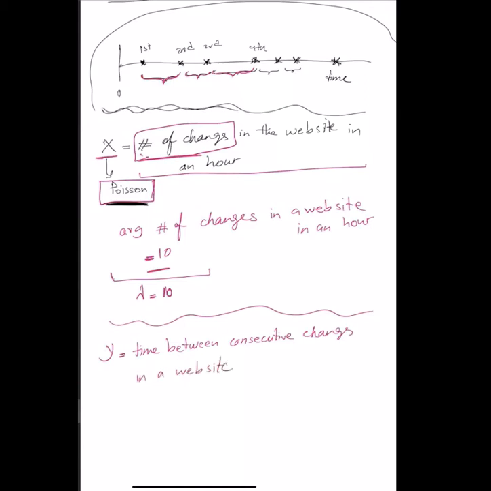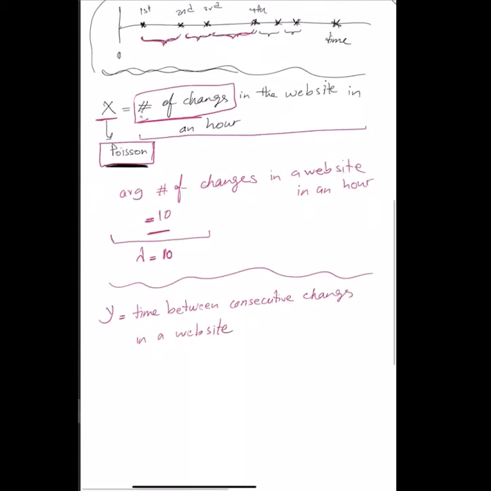And obviously, since it's time, it's a continuous random variable, and that's what I'm going to call an exponential random variable.